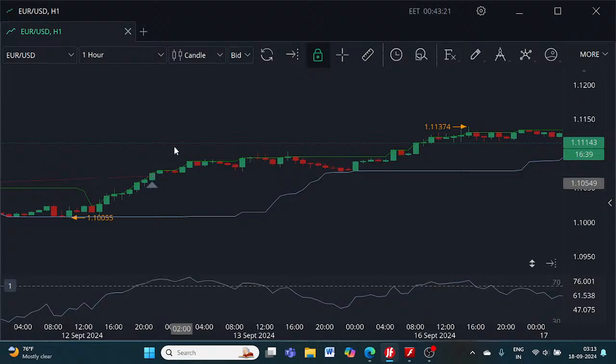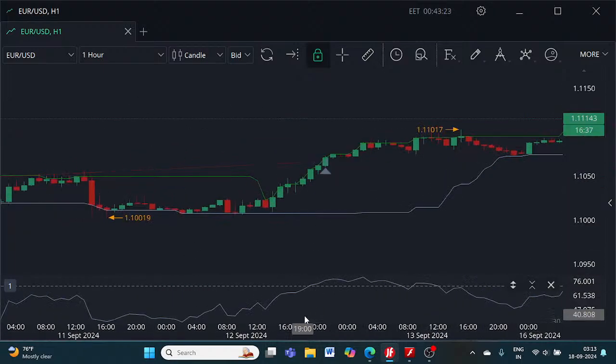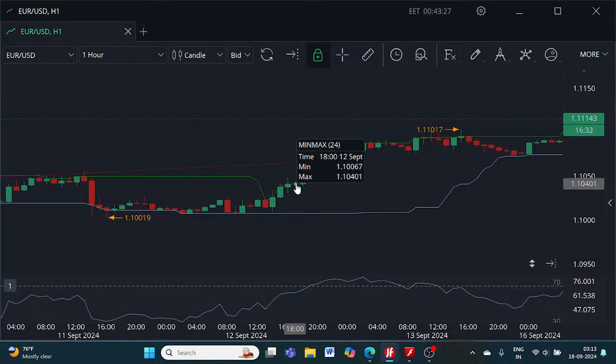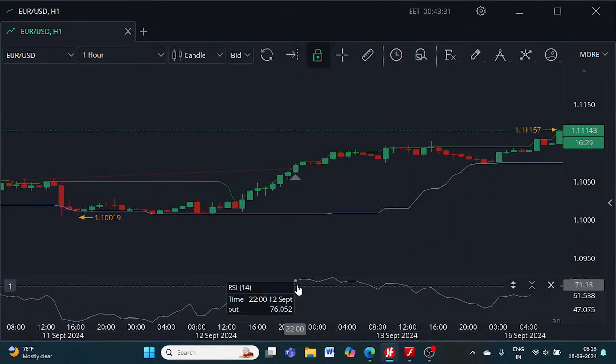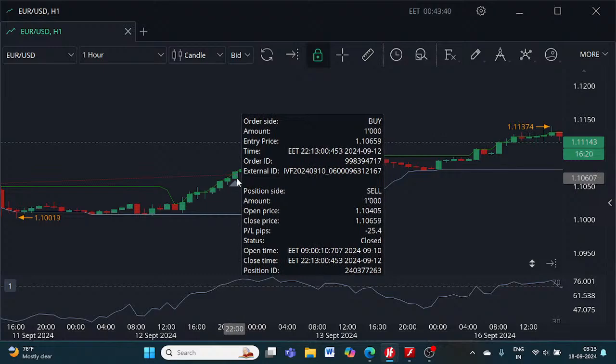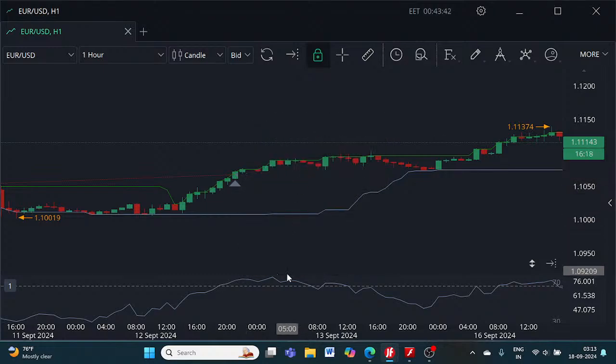What will happen is, if you see this time around here, the maximum value started to rise, but if you had placed this condition, then there would not have been any sell order because the maximum value was on the rise.